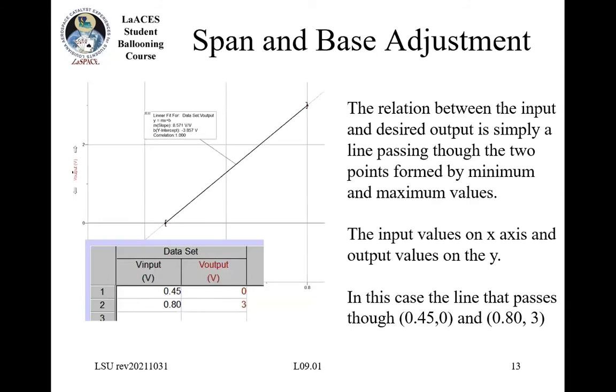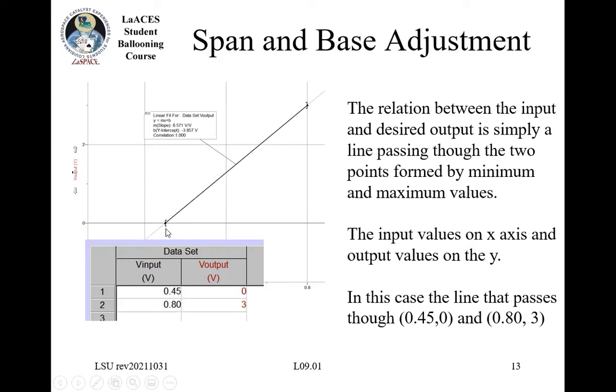So if we look at these two sets of values, what that does is give you the equation for a line. If I want to know how to change the input to a certain output, I can just plot the line. My two endpoints are going to be the two minimum values, in this case 0.45 and 0 volts, and the two maximum values, 0.8 and 3 volts.